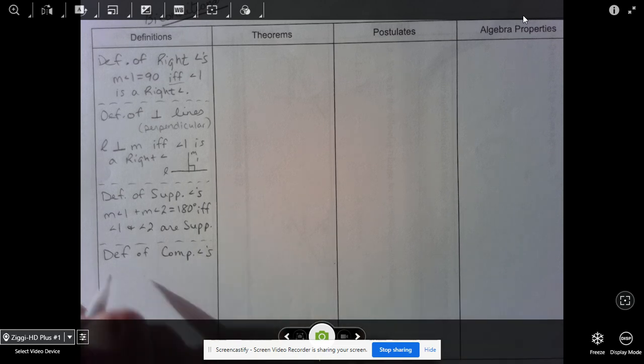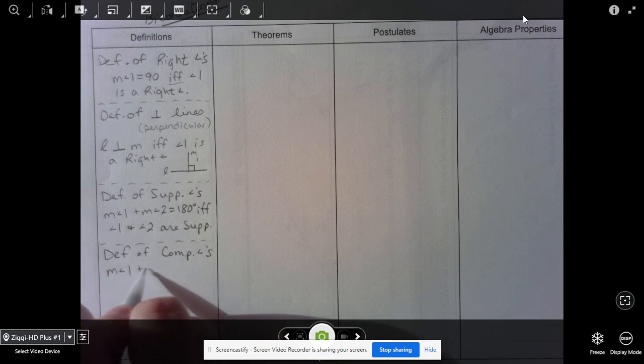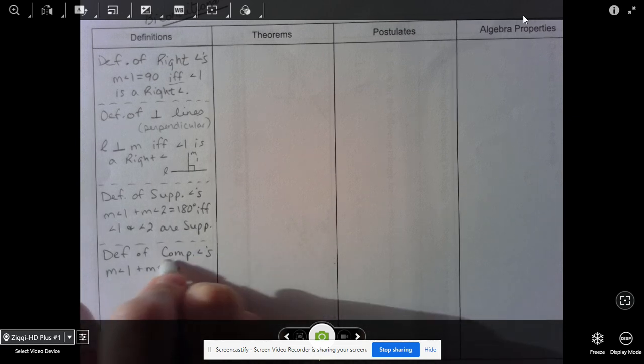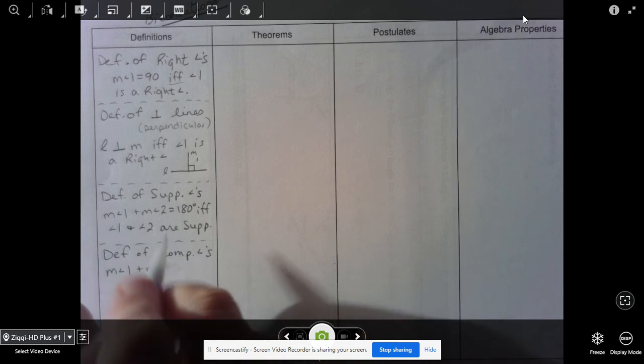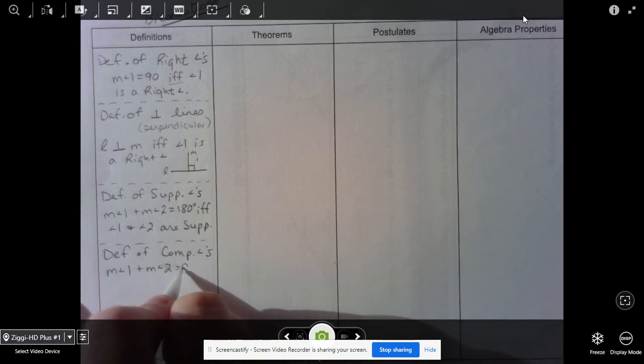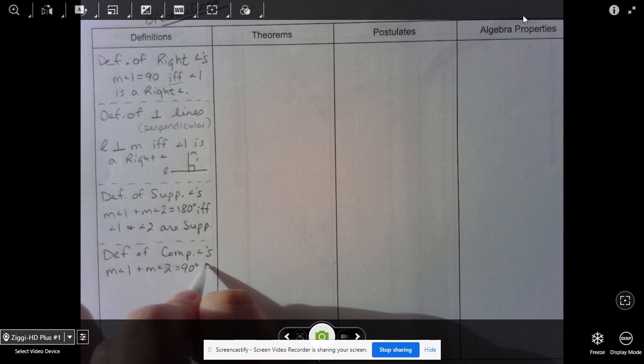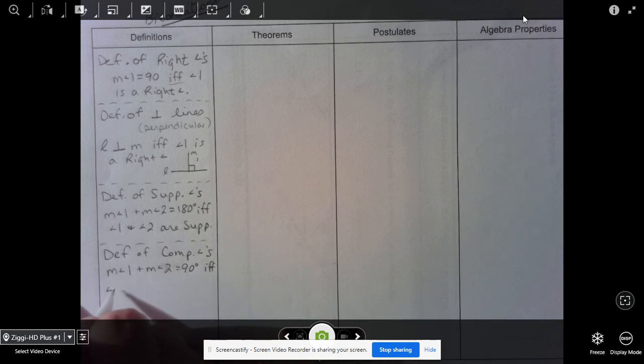And this one looks a lot like supplementary, but complementary angles, if you recall, add to 90 degrees. Oops, change that. Angle 1 plus angle 2 equals 90 degrees. Again, if and only if angle 1 and angle 2 are complements.